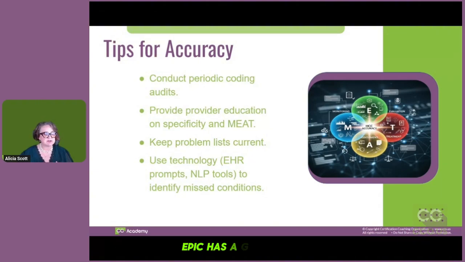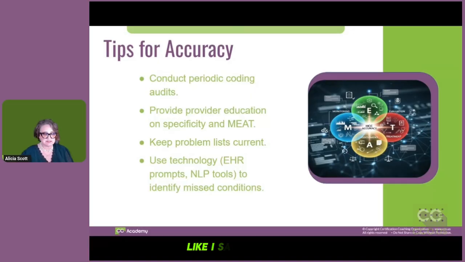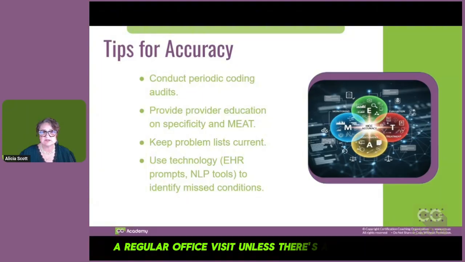Like I said, Epic has a great one, NLP tools, to identify missed conditions. Educate everybody on the team. Like I said, old MIs, there's specific documentation and reasons, and that would be captured. It's probably not going to be captured on a regular office visit unless there's an issue. Now, it doesn't risk adjust now, but that's an example that popped into my head.